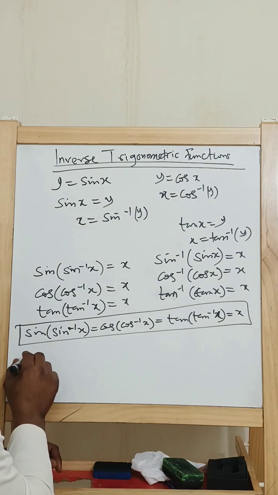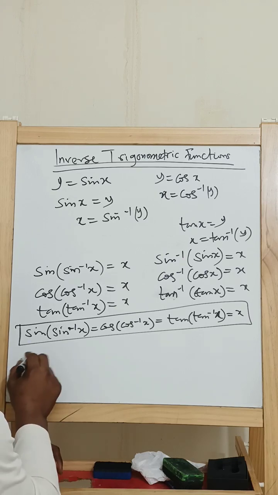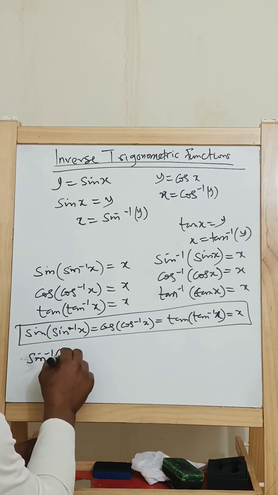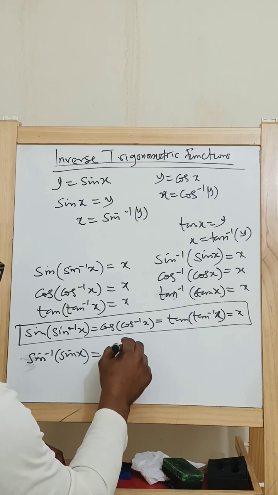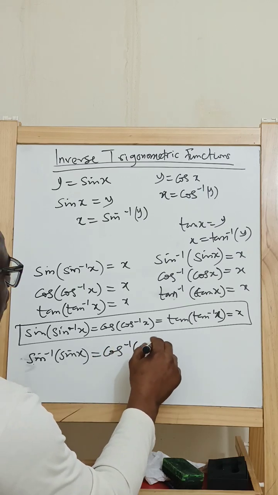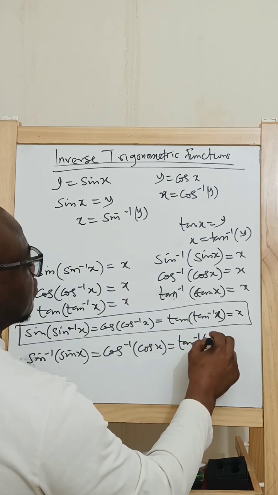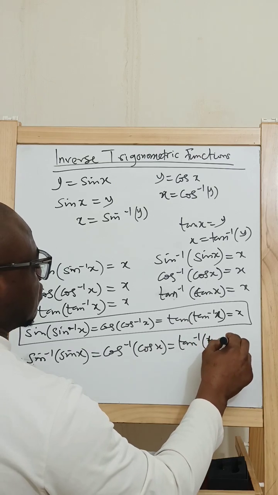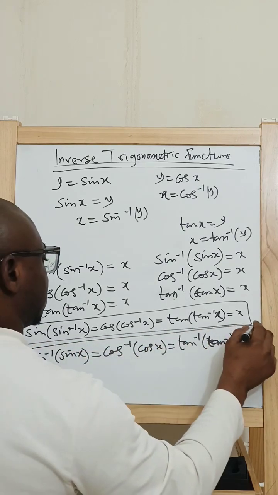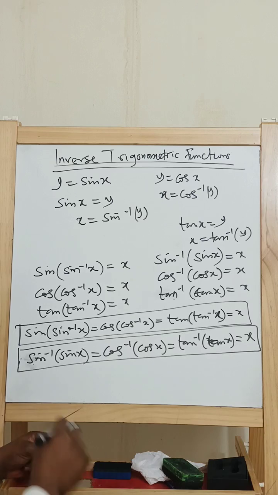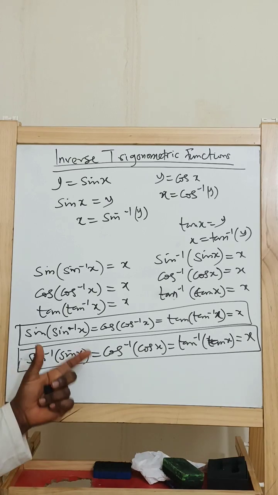So this is another theorem, which says that sine inverse of sine x, cos inverse of cos x, and tan inverse of tan x are all equal to x. These are the theorems we're looking at here.